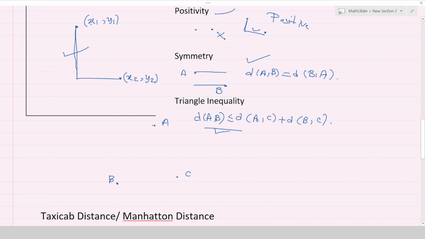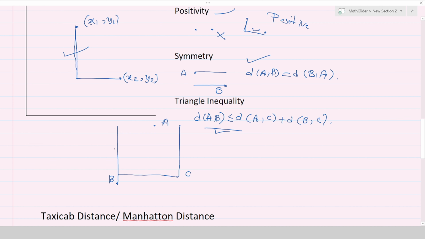Let us see. The distance between A and B is what now? It will be this line, right? The maximum of this and this is this. The distance between A and C will be somewhere here, and the distance between B and C is somewhere here.